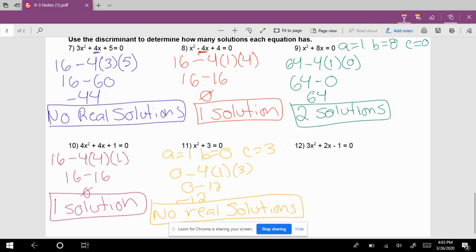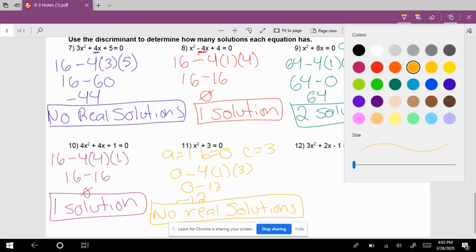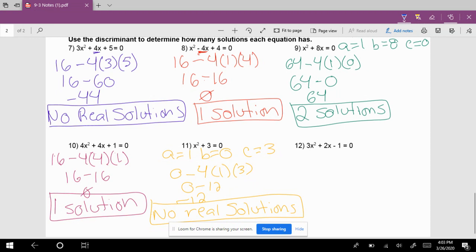Okay, last one. On here, b squared would be 4 minus the 4 that's always in there, times A, which is 3, times C, which is negative 1. So when I simplify, I'm going to have a sign change. Negative 4 times 3 times negative 1 is positive 12, because we have the negative times the negative.